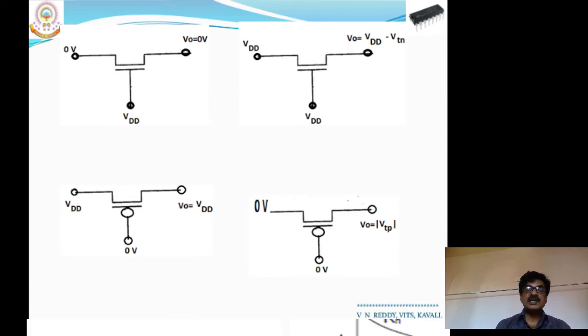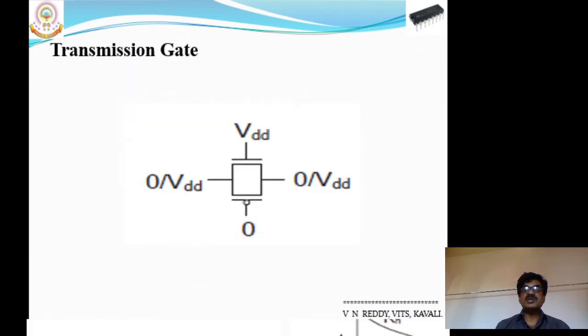The resultant gate is referred to as the transmission gate. Okay, this is the transmission gate. It consists of both an NMOS transistor and a PMOS transistor connected in parallel like this. To switch on the NMOS transistor, the gate potential requirement is VDD. To switch on the PMOS transistor, the gate is at 0 volts.